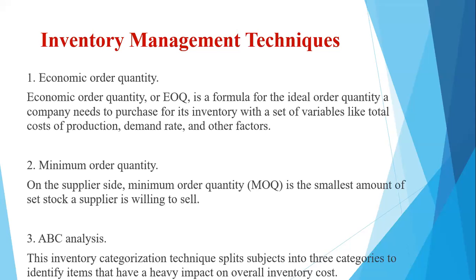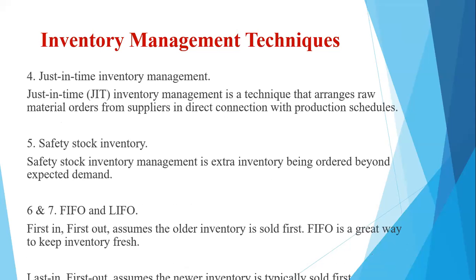Then we move on to the further techniques, that is just in time inventory. Now, just in time inventory management is a technique that arranges the raw material orders from the suppliers in direct connection with the production schedules.